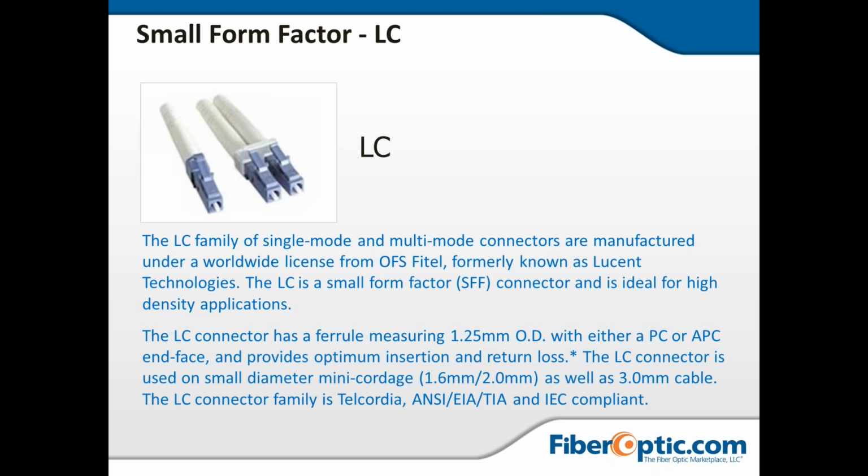The LC connector family is Telcordia, ANSI, EIA, TIA, and IEC compliant. Everybody loves the LC connector. It's the fan favorite. It's good on cost, it's good on performance, it's good on repeatability, and that's one of the reasons why it's more predominantly used in the United States.